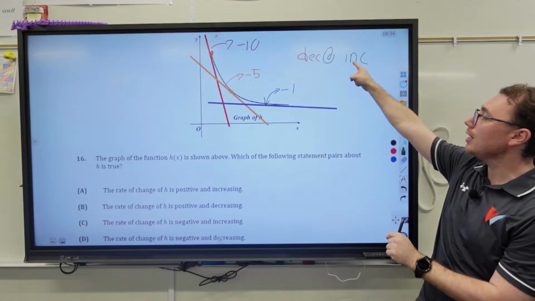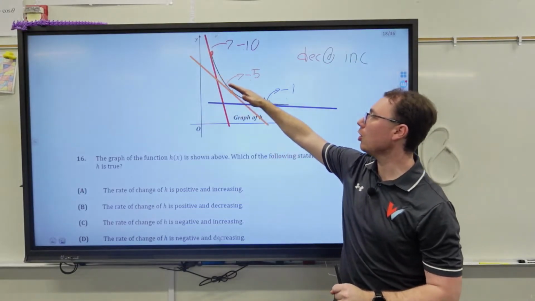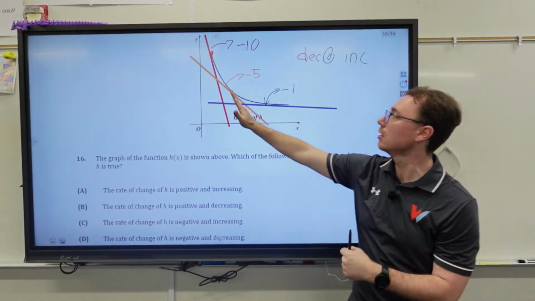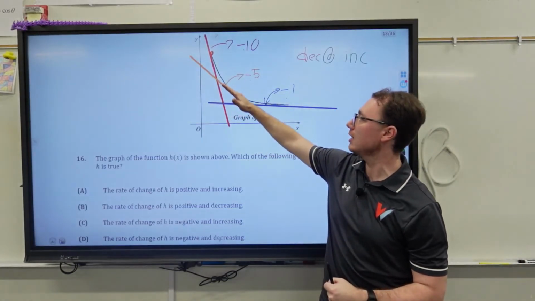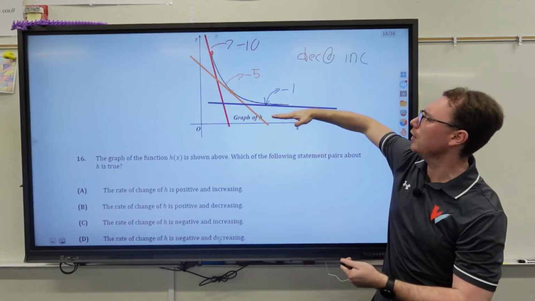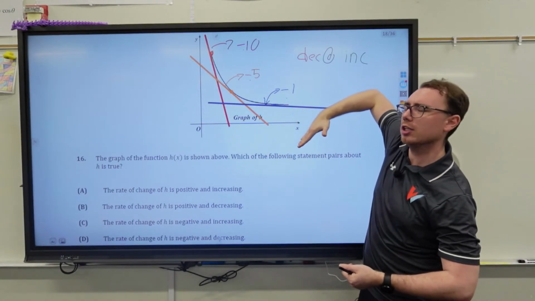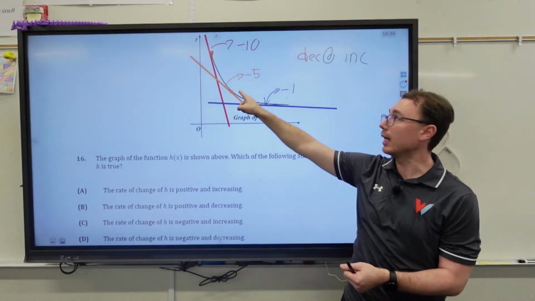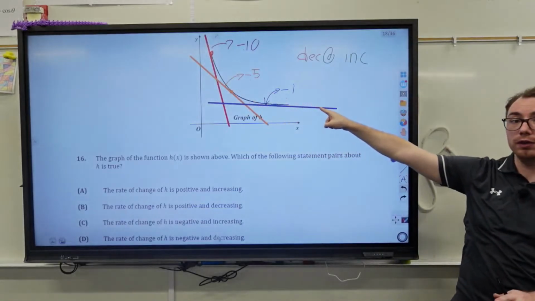This increasing rate here are these slopes on the graph going counterclockwise, because it's going from this negative to a less negative to an even less negative, and eventually for this graph here, I'm assuming it would turn positive. So it's increasing, but the graph as it stands is decreasing over time.